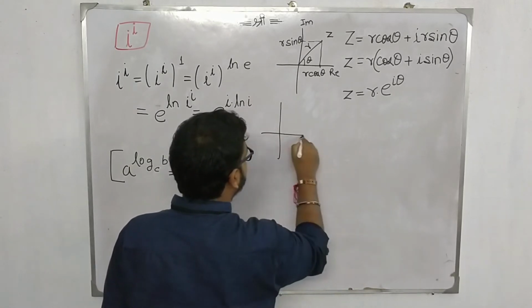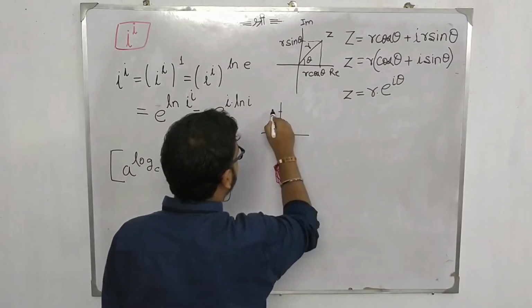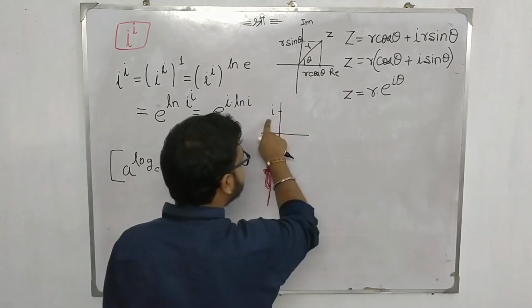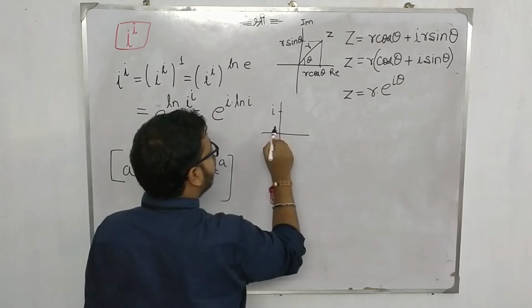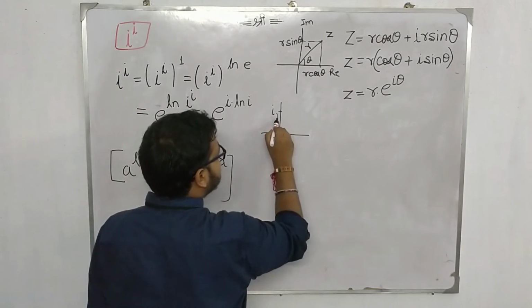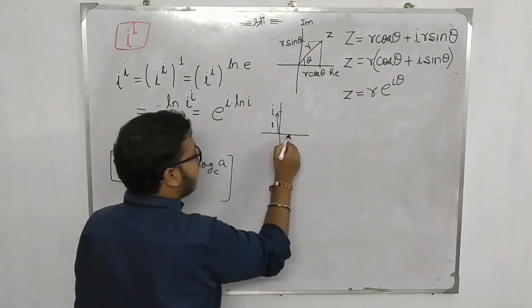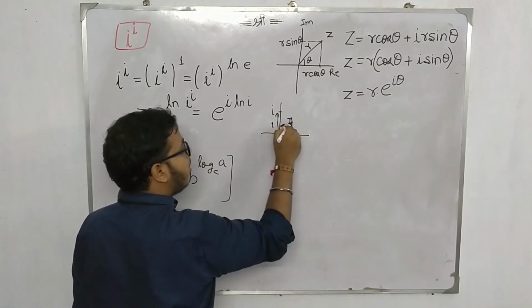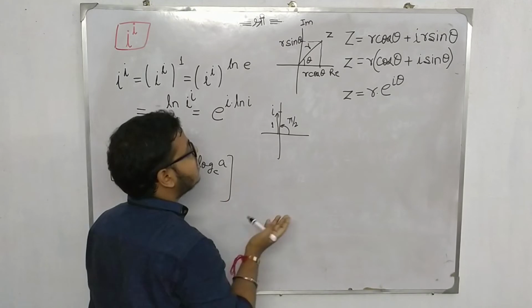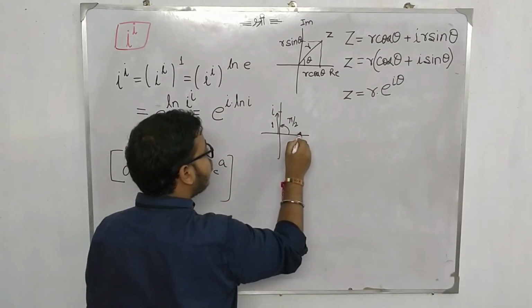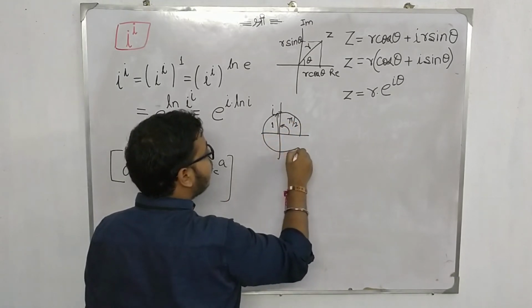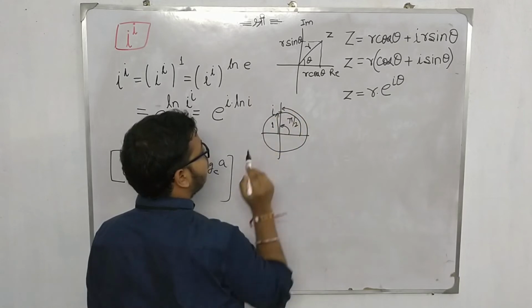Now in our case we need to find out, let us take i. z is i in our case. So this distance from the origin is 1 unit, right? And this angle is pi by 2, that is 90 degrees. We can also complete one rotation and then again go to pi by 2.